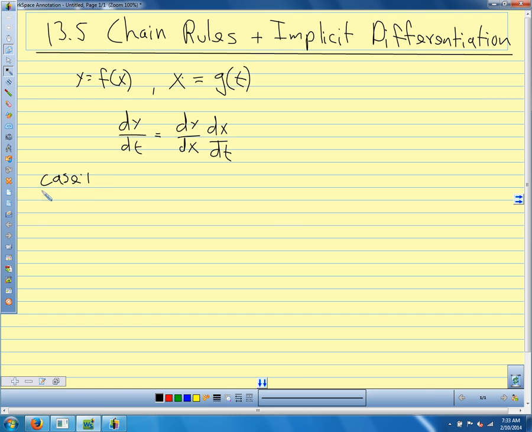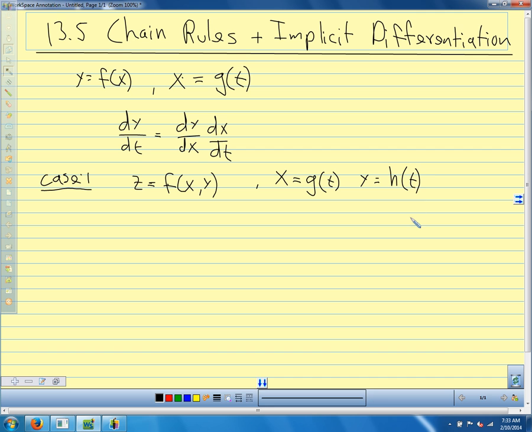Here z is f of x, y, and x and y are each a function of just one other variable. x is some function of t, and y is also a function of t. So z is indirectly a function of t, just like up here, y is indirectly a function of t.